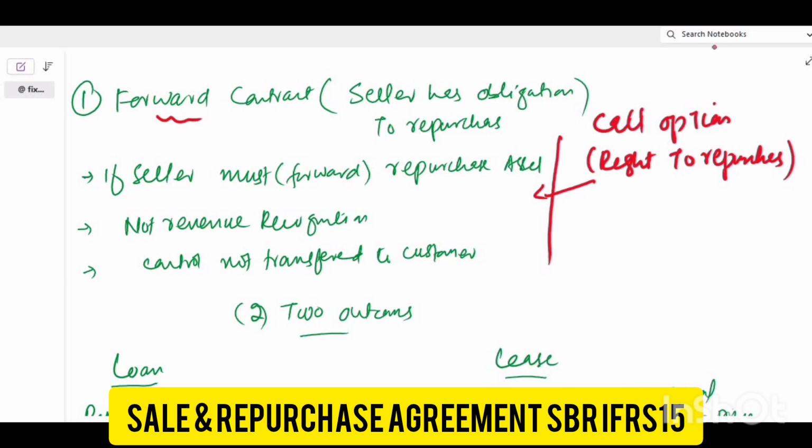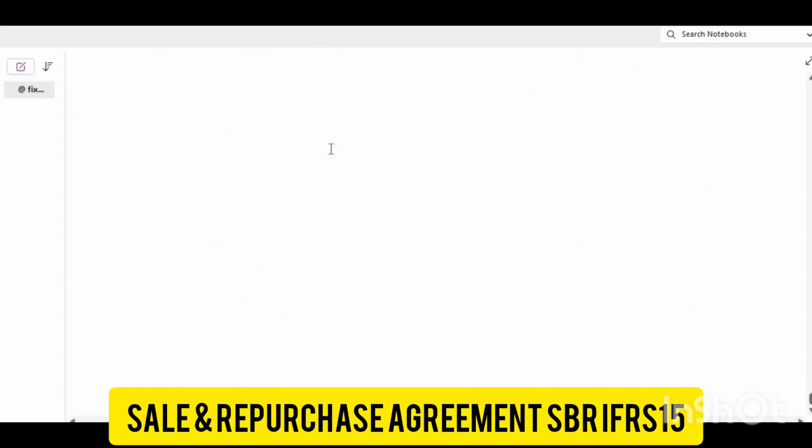Now, if you don't have a call option or forward contract, then you will have another option, the third one, that we call a put option.